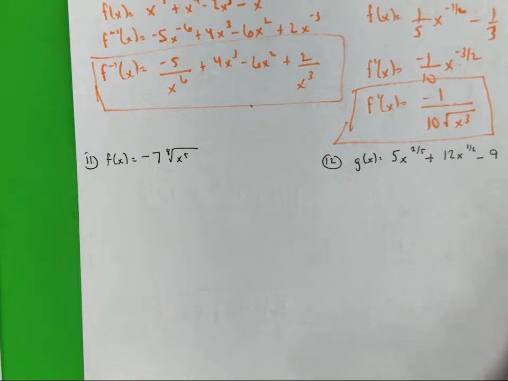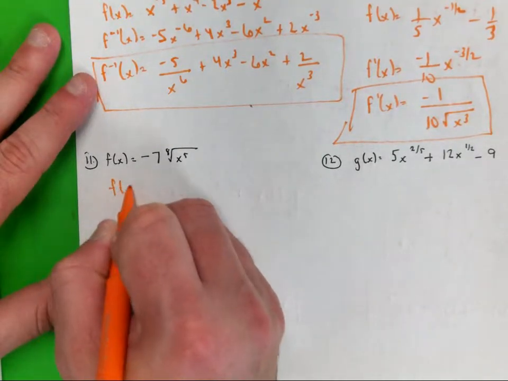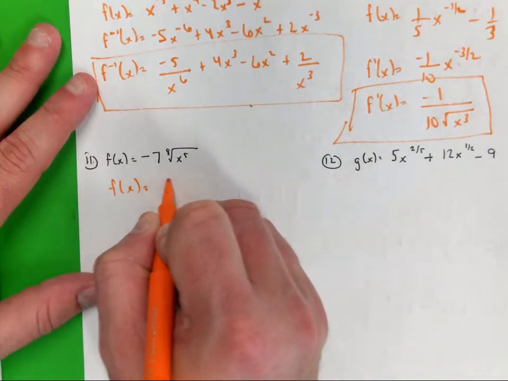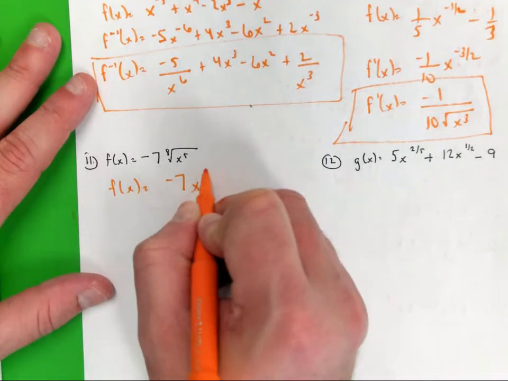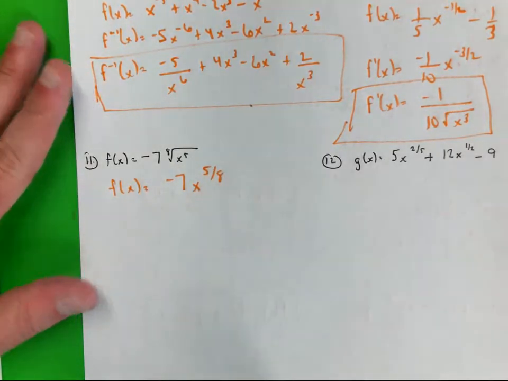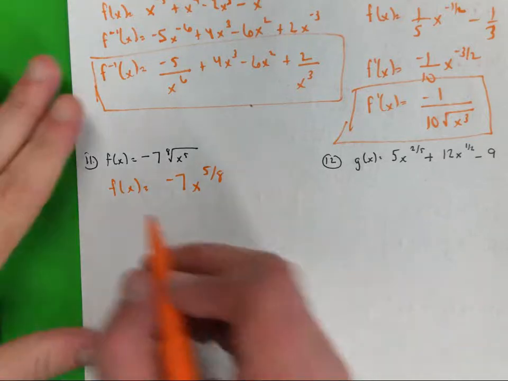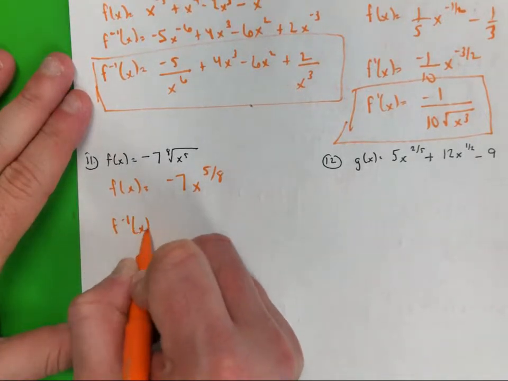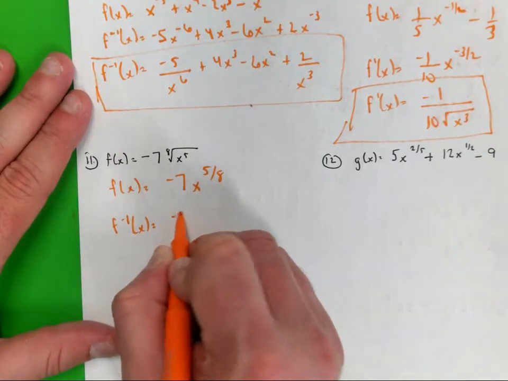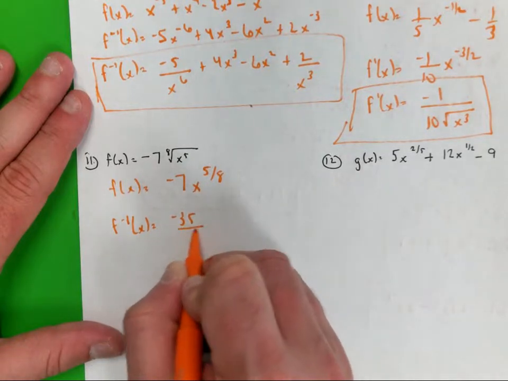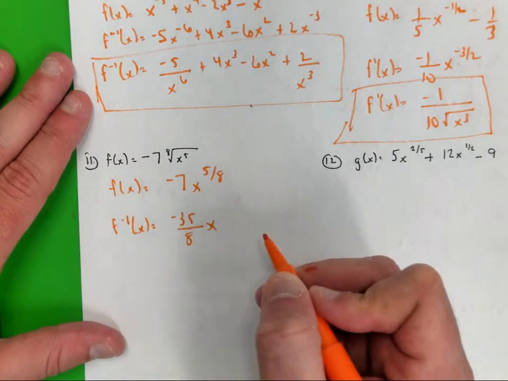All right, number 11. I'm going to rewrite that as negative 7 times x to the what? 5/8. You get your negative 7, x to the 5/8. The root goes in the denominator. So I'm going to find the derivative. Negative 7 times 5 is negative 35 over 8, x to the 5/8 minus 1.